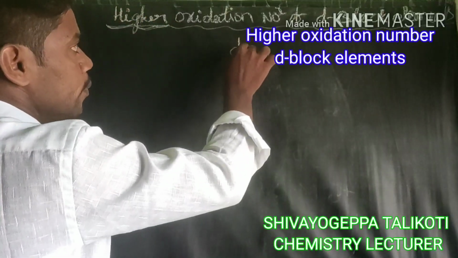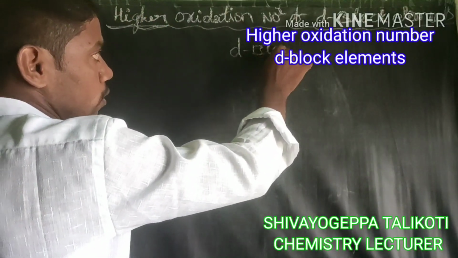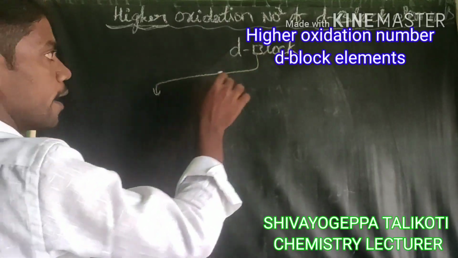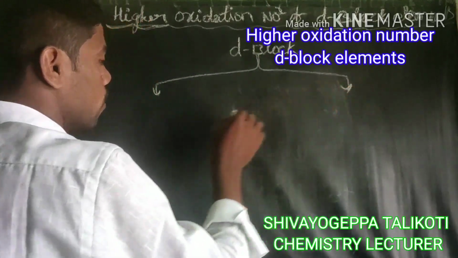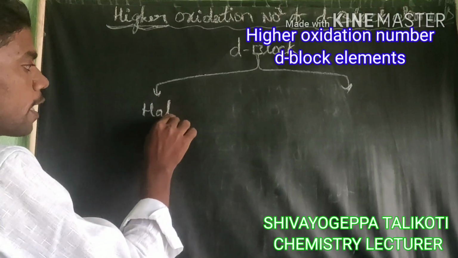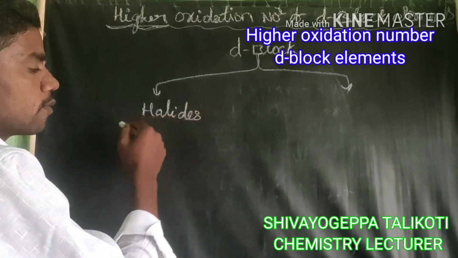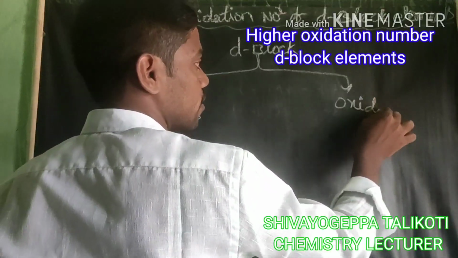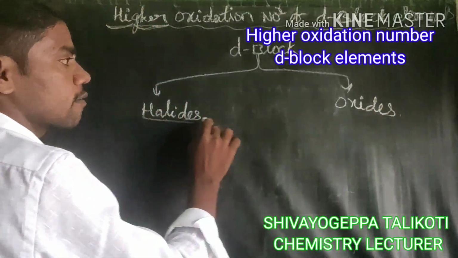The D block elements first exist in nature with a higher oxidation number in two forms. One is in the form of halides, and one is in the form of oxides. What are these halides and oxides?